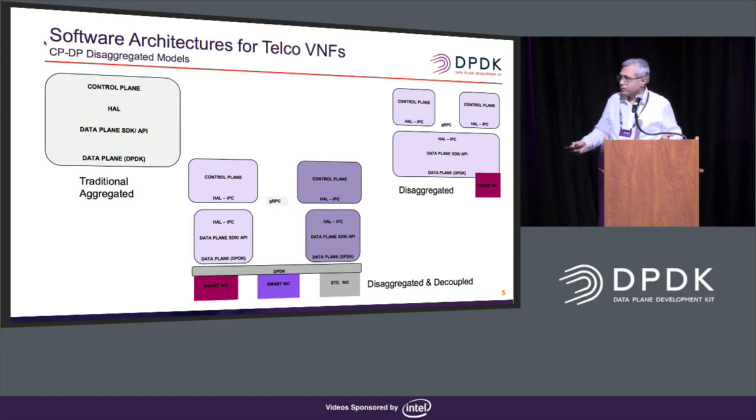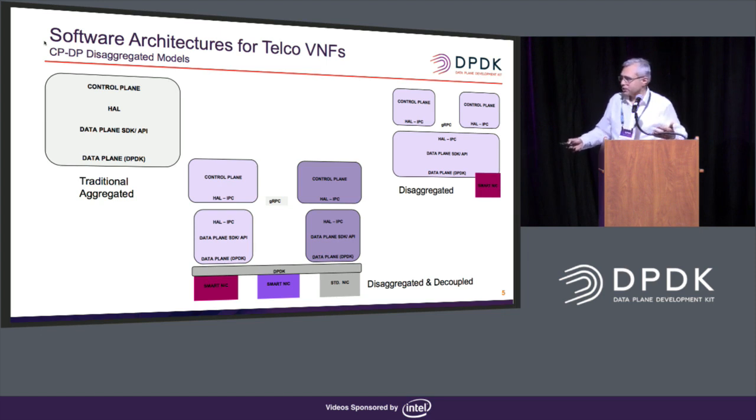But then what is needed is that there would be multiple smart NICs, and there would be data path implementations which are, in a way, data plane dependent, and as I said earlier, multiple control plane VNFs.